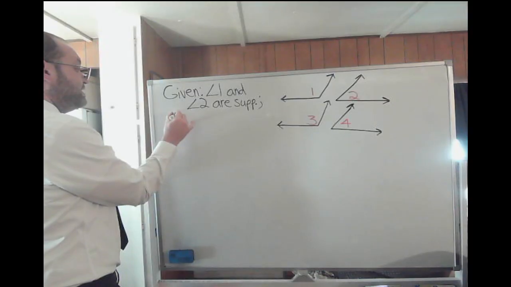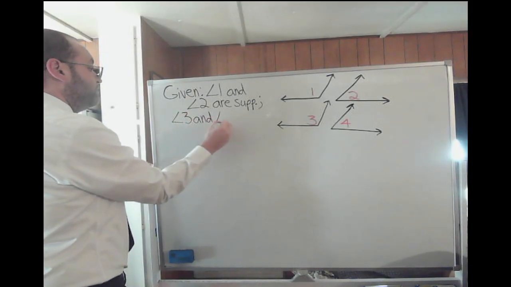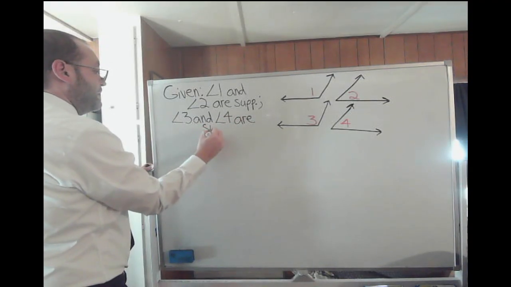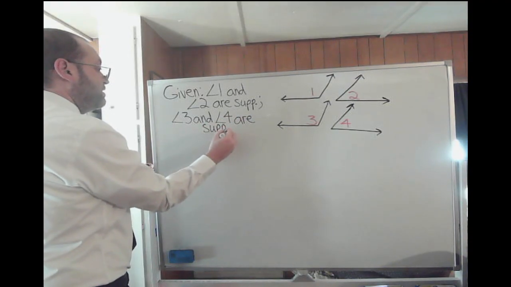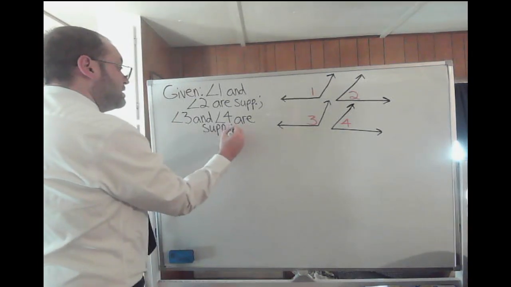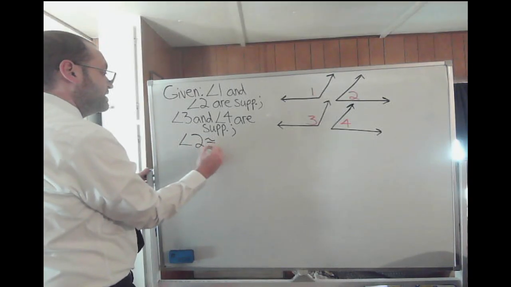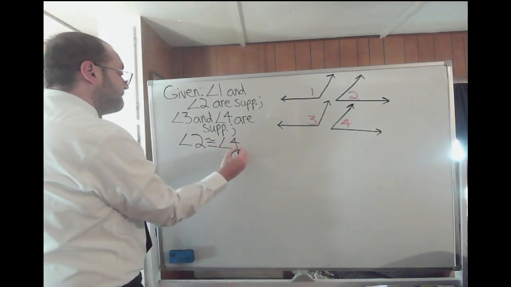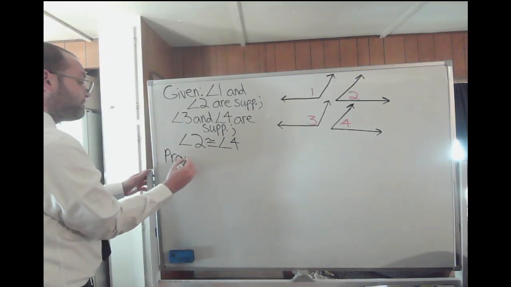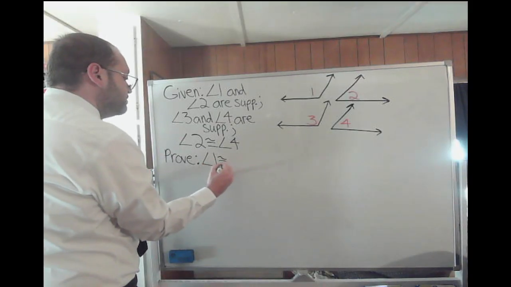We're also given that angle 3 and angle 4 are supplementary. We were given that also. And on top of that, we're even given that angle 2 is congruent to angle 4. What we're seeking to prove is that angle 1 is congruent to angle 3.